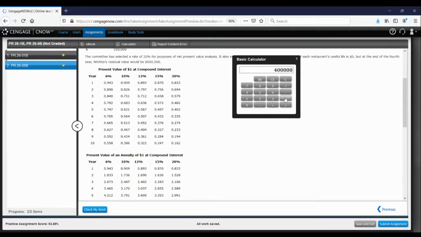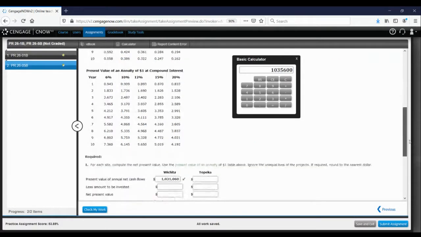I'm going to multiply this 2.589 by the 400,000, and that's going to give me a present value for the Topeka company at $1,035,600.